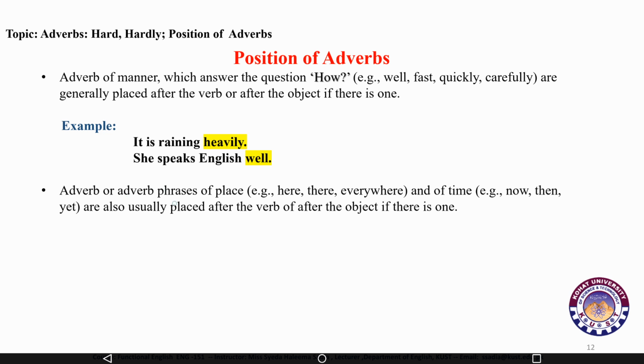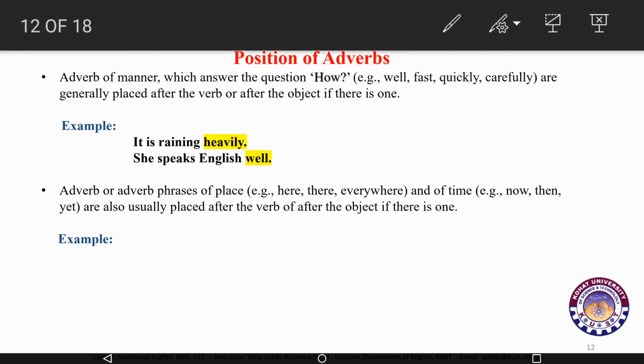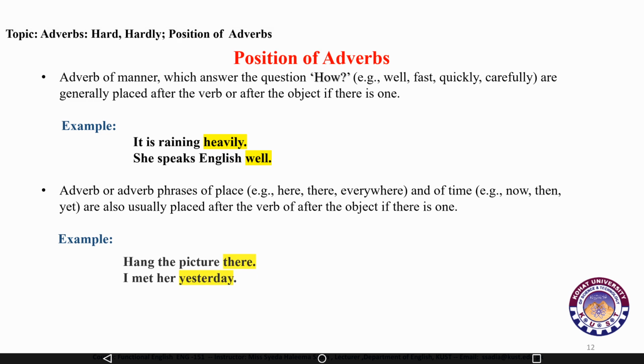Adverbs or adverb phrases of place, for example, here, there, everywhere, and of time, for example, now, then, yet, are also usually placed after the verb or after the object if there is one. Same is the case with adverbs of place and time, like hang the picture there, or I met her yesterday.